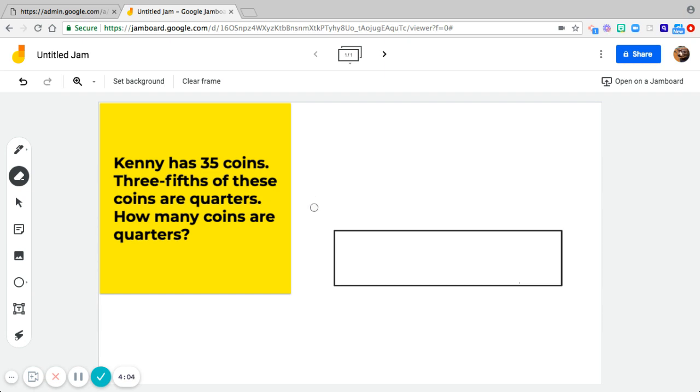Kenny has 35 coins. 3/5 of these coins are quarters. So I'm going to give you a moment to just think about any mathematical questions that you might want to ask in regards to this problem. So I'll give you a moment.